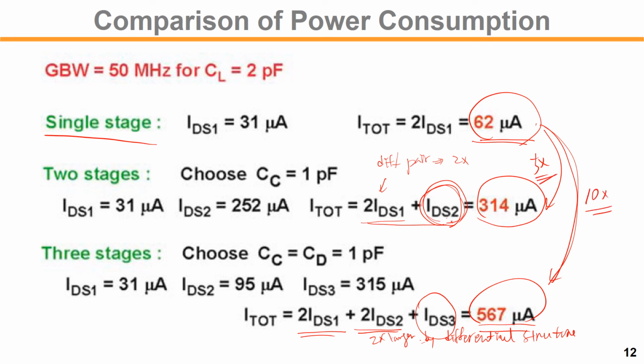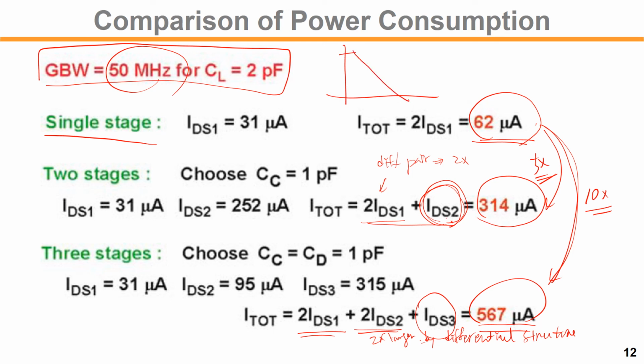You can see how quickly the required current gets larger, even to achieve the same GBW, right? So FU. The only difference is the DC gain, right? By having the first stage, second stage, and three stage. This is what you have out of cascading multiple stages. Okay.